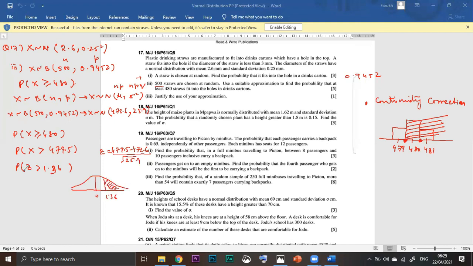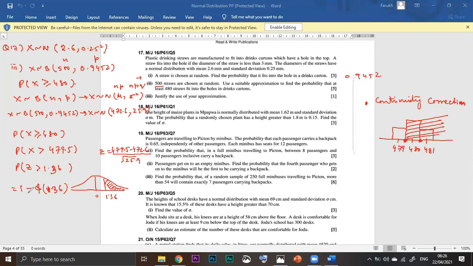This one is the region, and this one is 1 minus phi of 1.36. And you can locate the area less than 1.36 and find the answer.